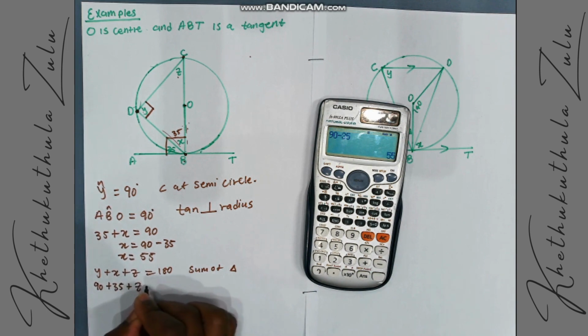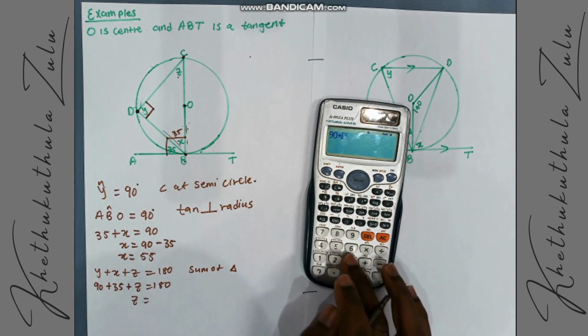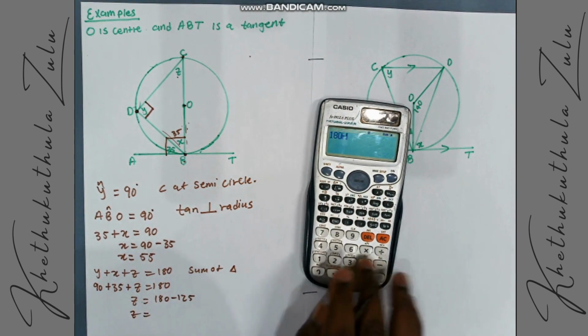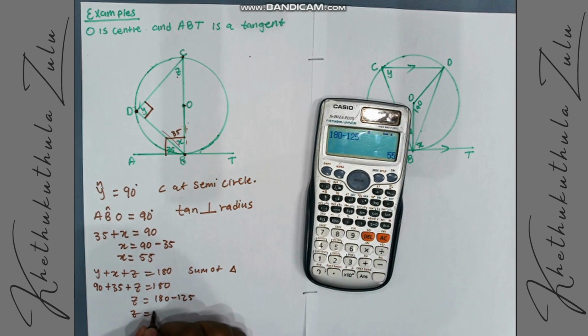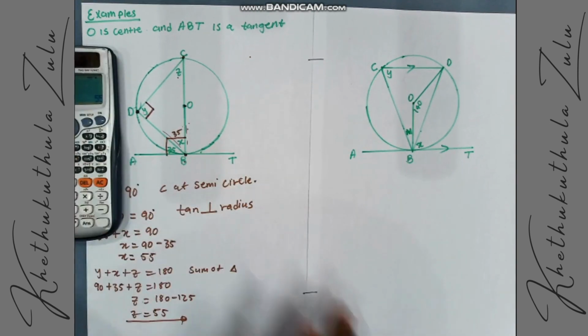Z, we're looking for Z. Z is equal to 180 minus 90 plus 35, which is 180 minus 125. Then Z is 55. Then we are done with our sum. I hope you understand it, guys. It's very, very important.